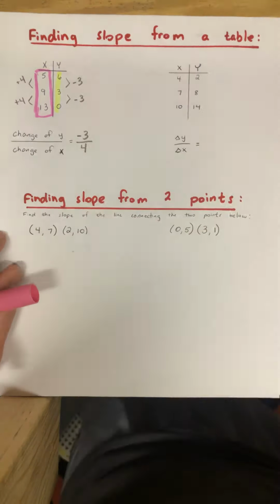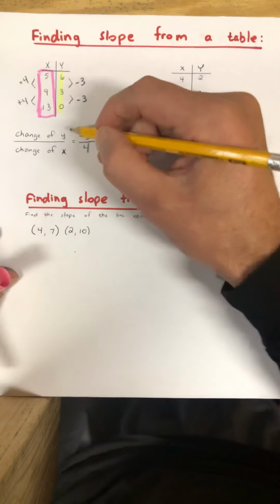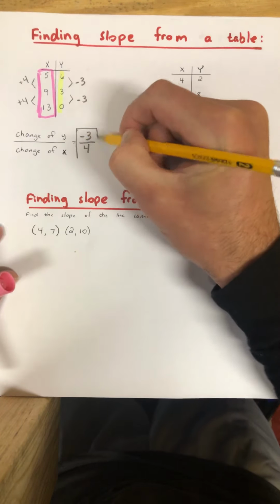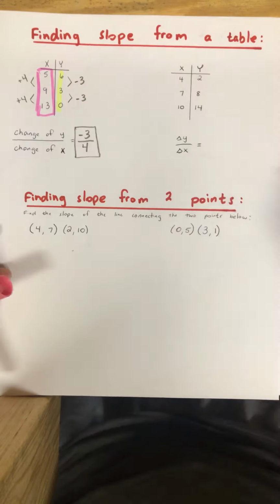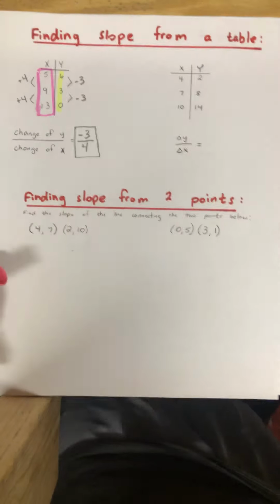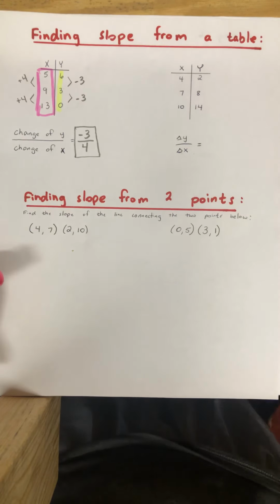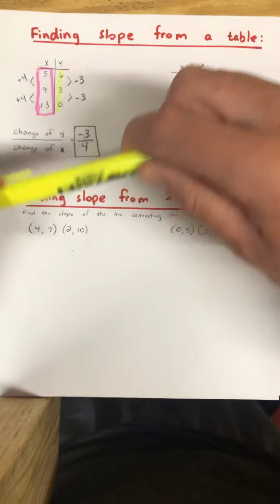So our slope of this line is -3/4. Now typically, you'll want to see if this can be reduced, but -3/4 cannot be reduced, so therefore we know that the slope of this table is -3/4.